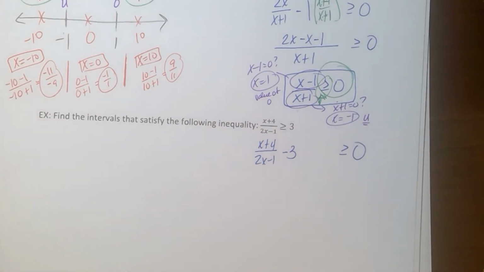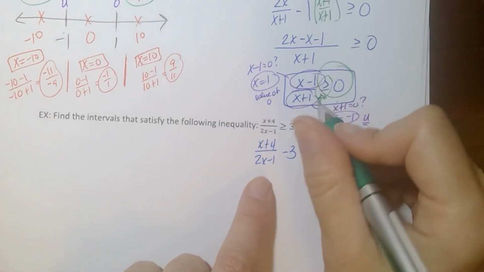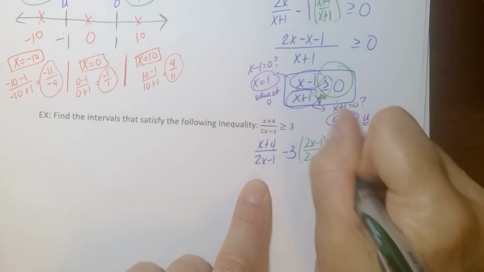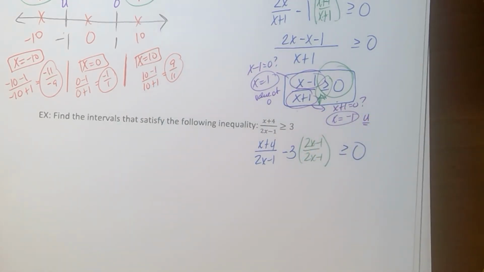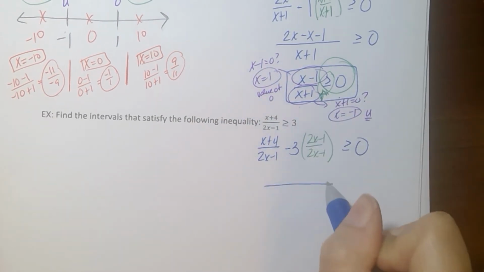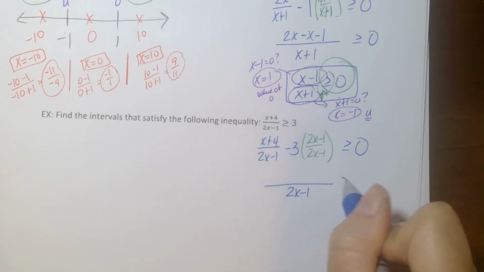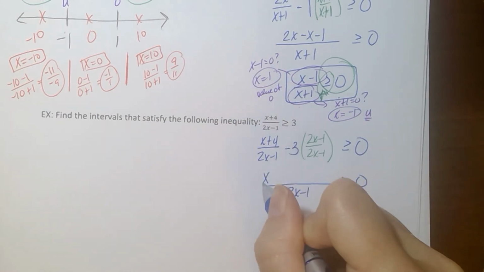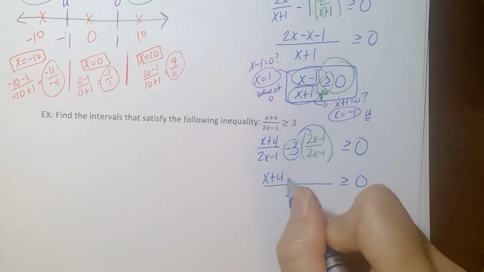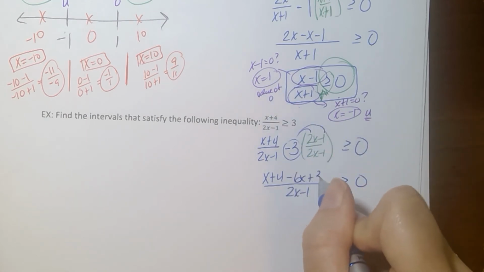And then I'm going to multiply by that well-chosen 1 that is my denominator I want to introduce, so that I can write this as a single rational expression with a single denominator of 2x minus 1. My numerator is going to be x plus 4, and then I take this negative 3 and I distribute it. So negative 6x plus 3.